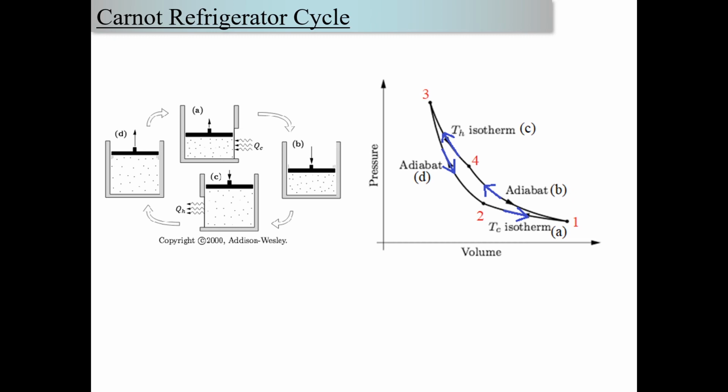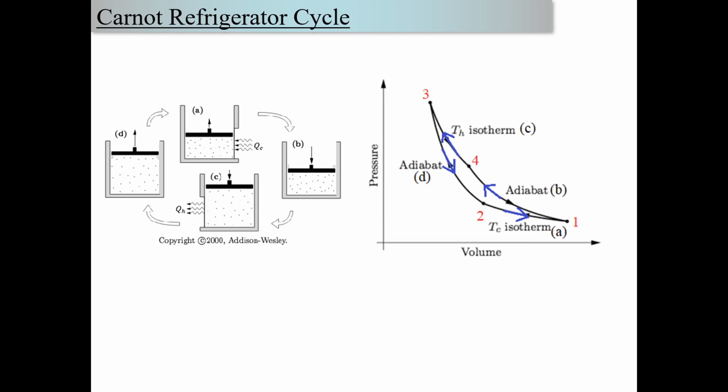Then we allow the gas to expand adiabatically. So in this process, no heat enters the gas. The gas is simply expanded without any heat transfer into the gas. This expansion causes the gas to cool down because the gas is doing positive work on the piston, removing energy from the system and cooling the gas inside of the engine.